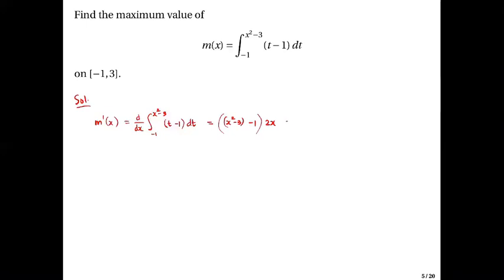So if we simplify and factor, we have 2x times x squared minus 4, or just 2x times x minus 2 times x plus 2.